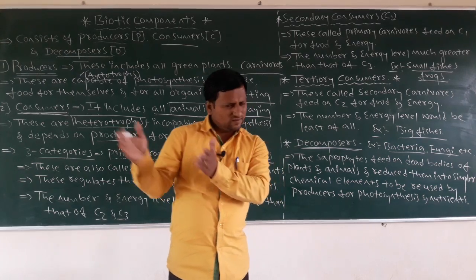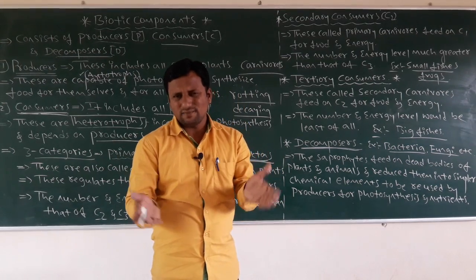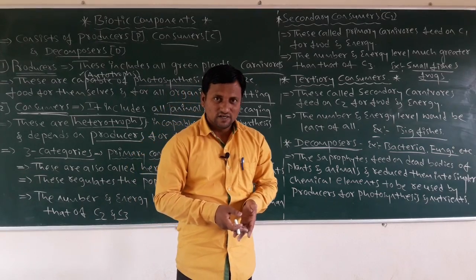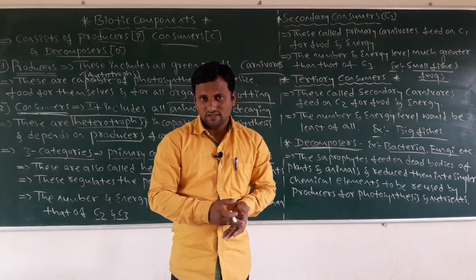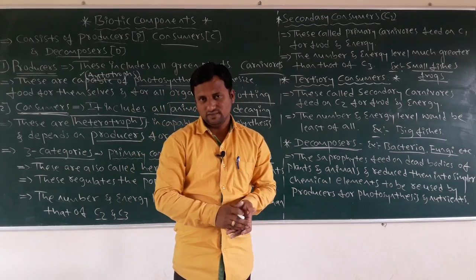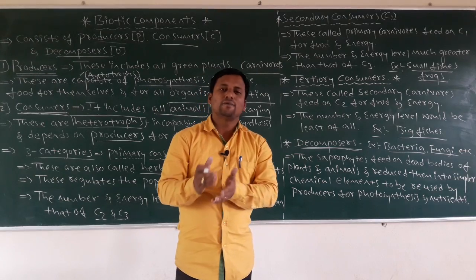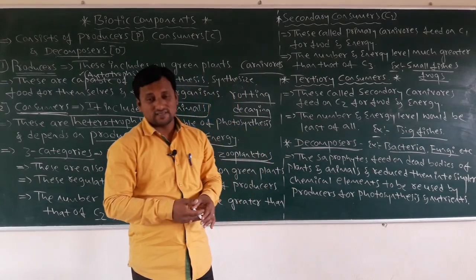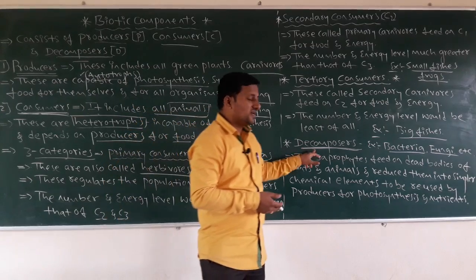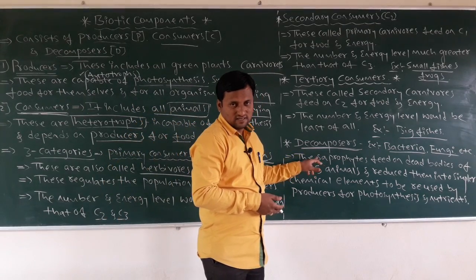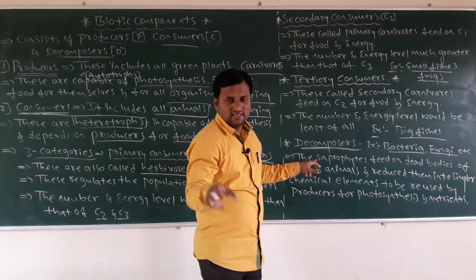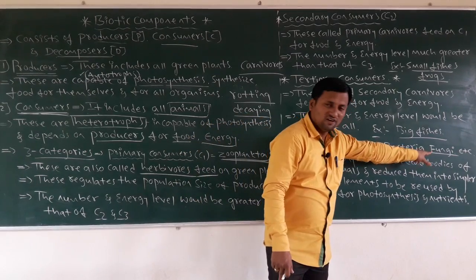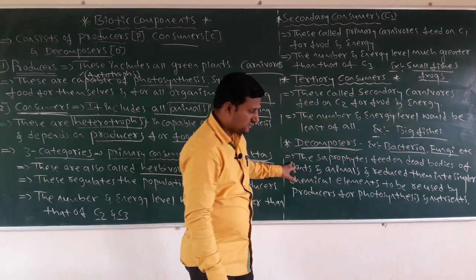Bacteria play a very important role in the soil, rotting and decaying the dead body. Like that, fungi also play a very important role. So that process or condition is called decomposition, and it is done by the decomposers, for example bacteria and fungi.